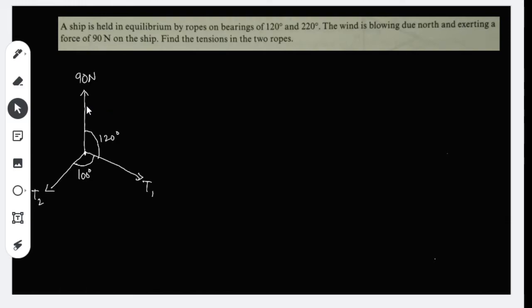Lami's theorem states that A over sine of alpha is equal to B over sine of beta, and is equal to C over sine of gamma.